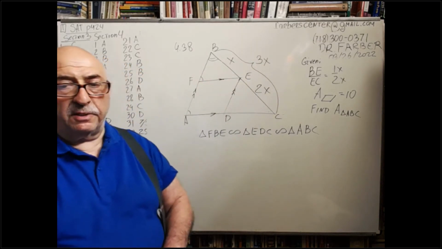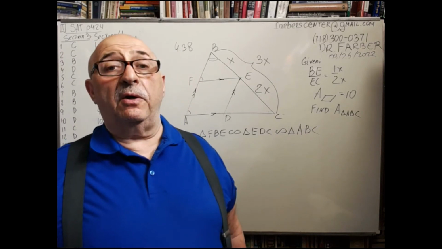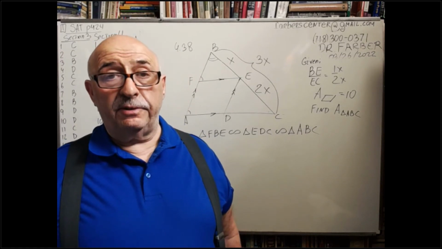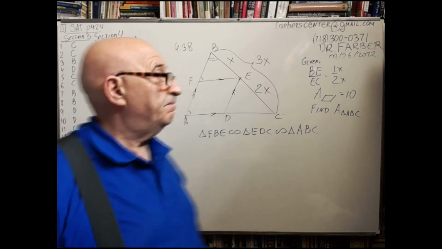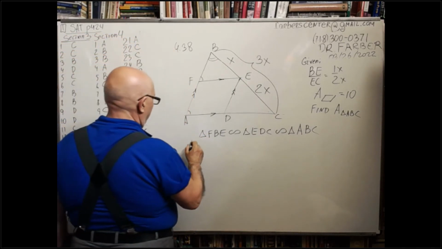If shapes are similar, then the ratio of the areas equals the square of the linear ratios. Remember this, right? Okay, let me write this, remind me.